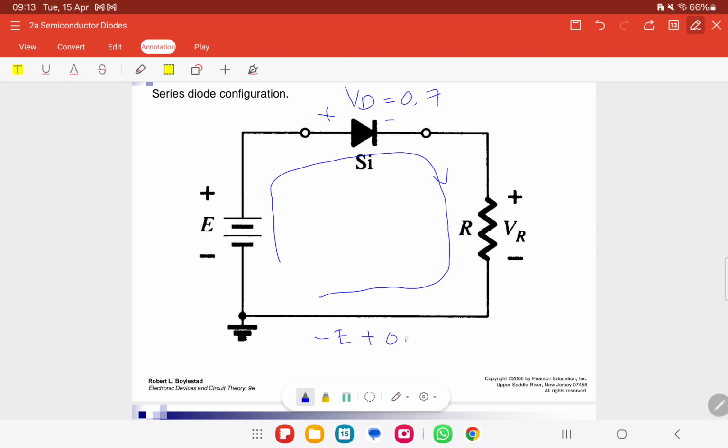Okay, minus E plus 0.7 plus VD plus IR equals to 0. Or you can also write in terms of the voltage: minus E plus VD plus VR equals to 0. Kan? So you can get the value of the current lah. Okay, in a simple loop like this.